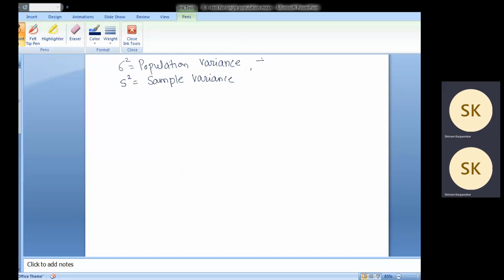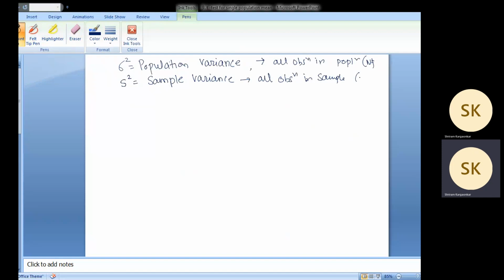Population variance means this is based on all observations in the population. Sample variance means all observations in the sample only. Keep this in mind.